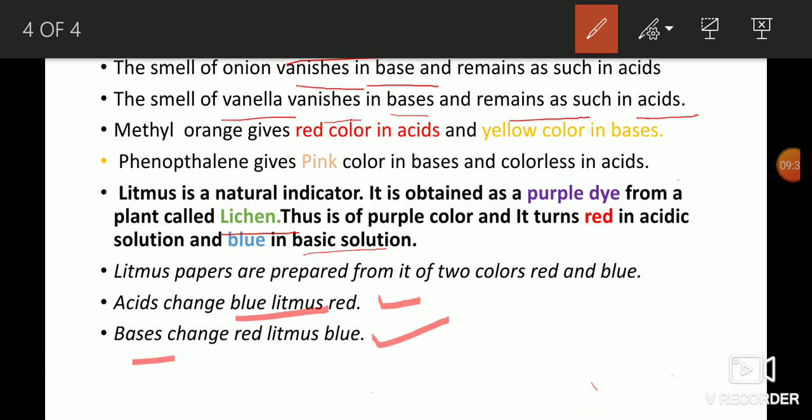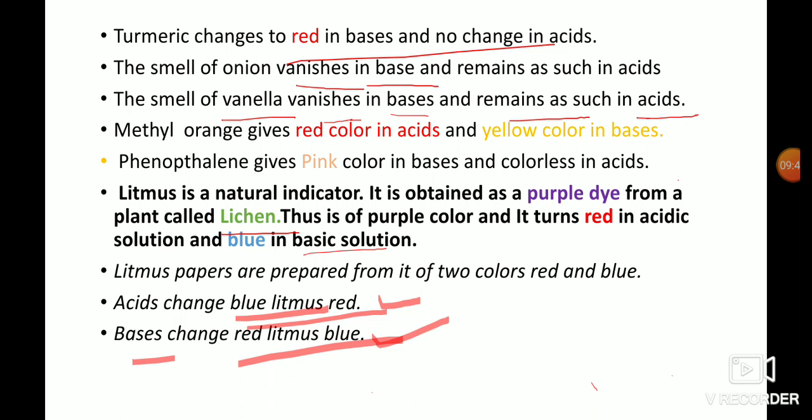So we can say acid changes blue litmus red, base changes red litmus blue. These are our indicators. So we can say at the end, indicators are the substances which are used to indicate whether a substance is acid or base.